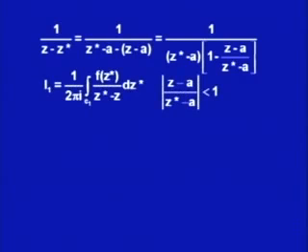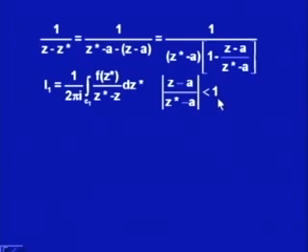Now, in the integral I1, where we are integrating over the outer curve C1, one may notice that the magnitude of (z minus a) divided by (z star minus a) is less than 1, because z lies in the annular part and z star lies on the outer boundary. So, z star will be farther away than z. So, modulus of (z minus a) over (z star minus a) is less than 1.